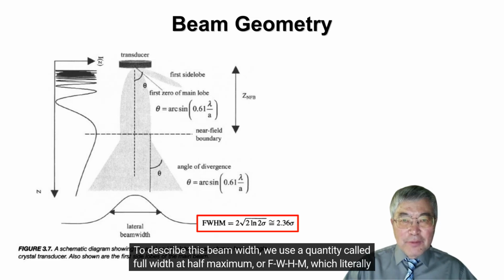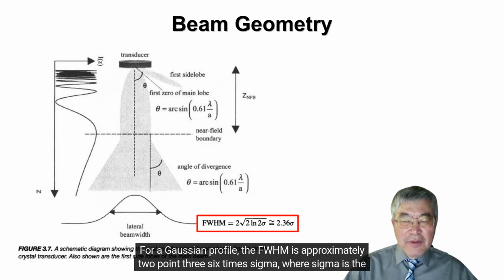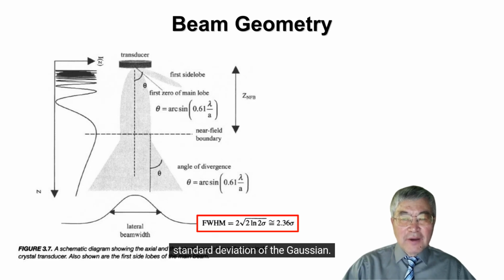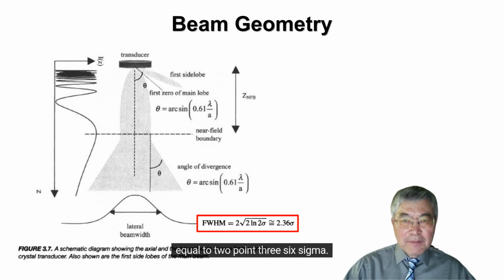To describe this beam width, we use a quantity called full width at half maximum, or FWHM, which literally means the width of the beam where the intensity drops to half of its peak value. For a Gaussian profile, the FWHM is approximately 2.36 times sigma, where sigma is the standard deviation of the Gaussian. Mathematically, we write it as FWHM equals 2 times the square root of 2 times the natural log of 2 multiplied by sigma, approximately equal to 2.36 sigma.